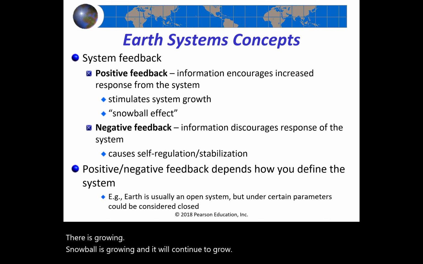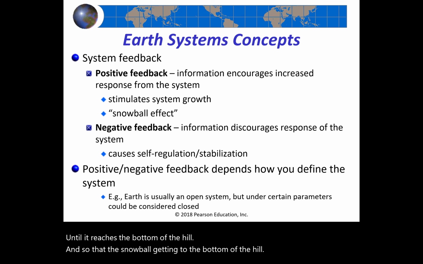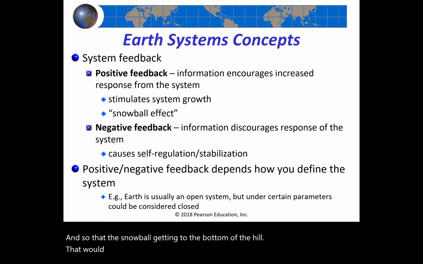And it will continue to grow until it reaches the bottom of the hill. And so that, the snowball getting to the bottom of the hill, that would actually be a negative feedback. We got rid of the addition of snow. It ran out of hill, no more gravity causing it to move.